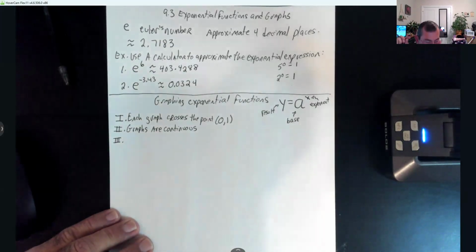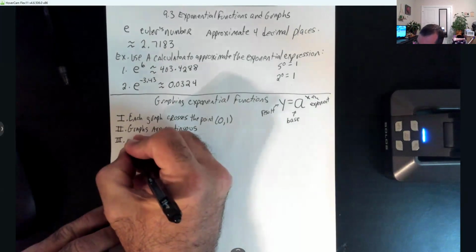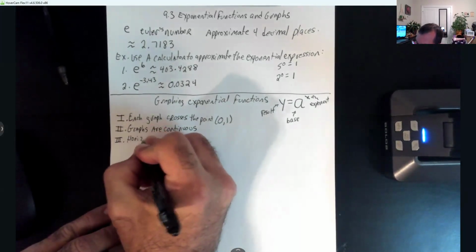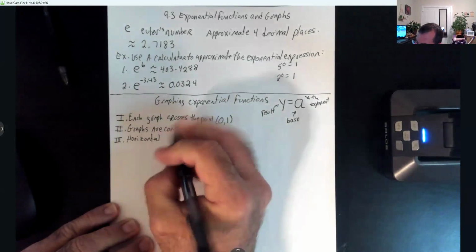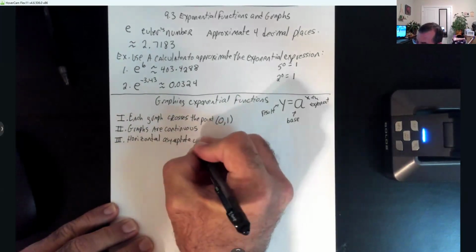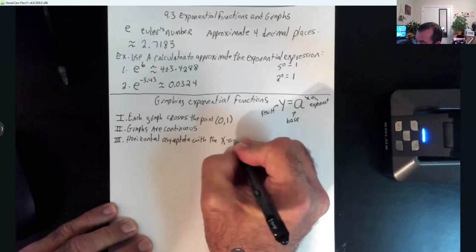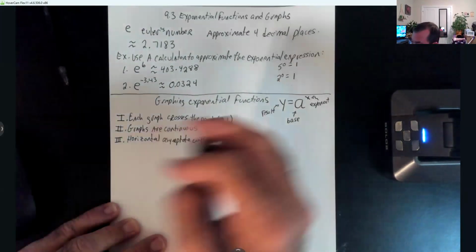Now, they form a horizontal asymptote with the x-axis on one end.